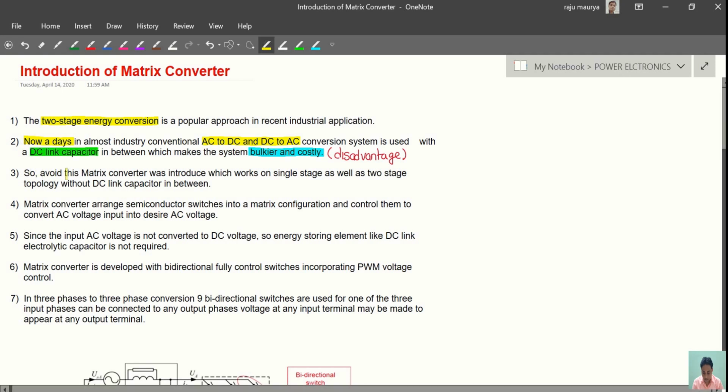To avoid this, the matrix converter was introduced, which works on a single-stage as well as two-stage topology without a DC link capacitor in between.